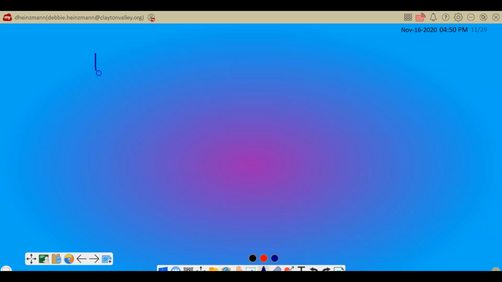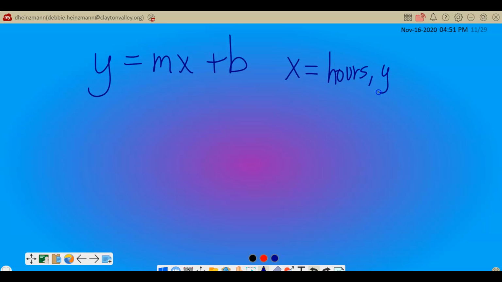So we've got y equals mx or ax plus b. Okay? So our slope is always mixed. X means, what are all those problems that we did? X was hours. X was years.